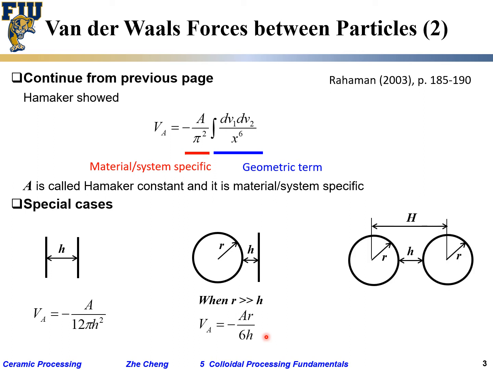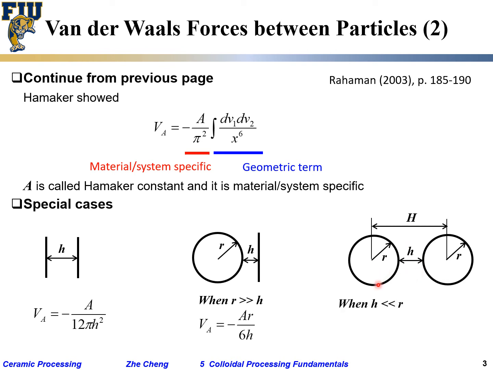On the other hand, if we just have two particles, two what shape? Perfectly spherical particles, same size, same radius, separated by small h from surface to surface, or separated by big capital H from center to center. Of course, this capital H is small h plus 2r, right?